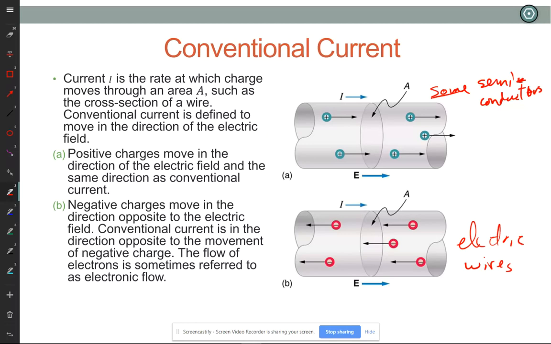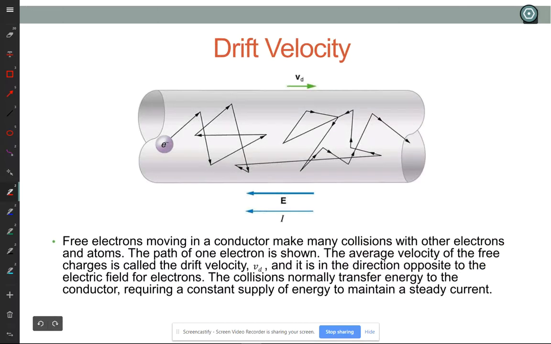So in our electric wires made out of metal, it's electrons moving. How fast do you think electrons move in a wire? Super fast. On the order of maybe 1 centimeter per second. That's super slow, isn't it? The electrons, their drift velocity, how fast electrons on average move, is on the order of centimeters per second.